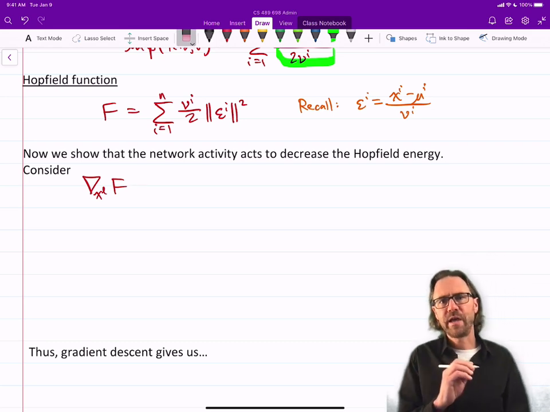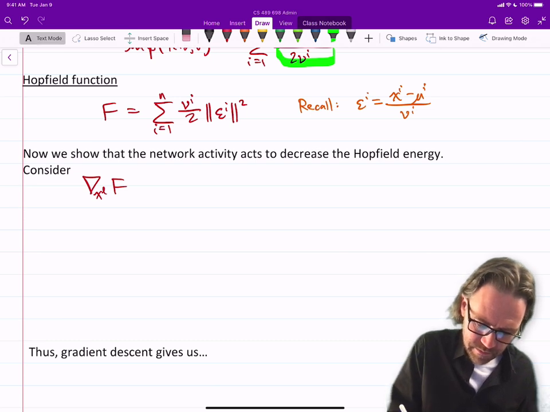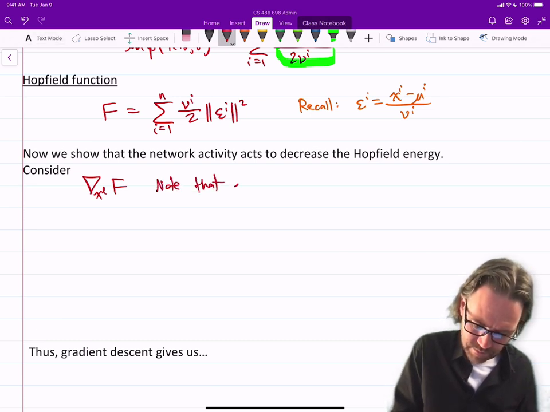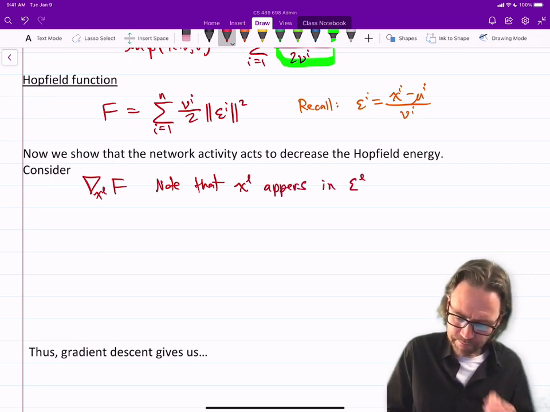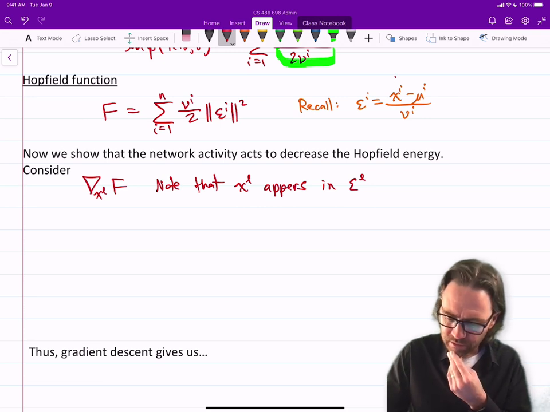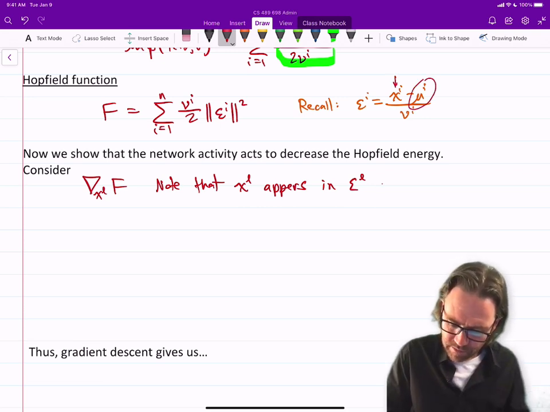So note that xl appears in two different terms. It appears in epsilon l, like here, but it's also in the mu.